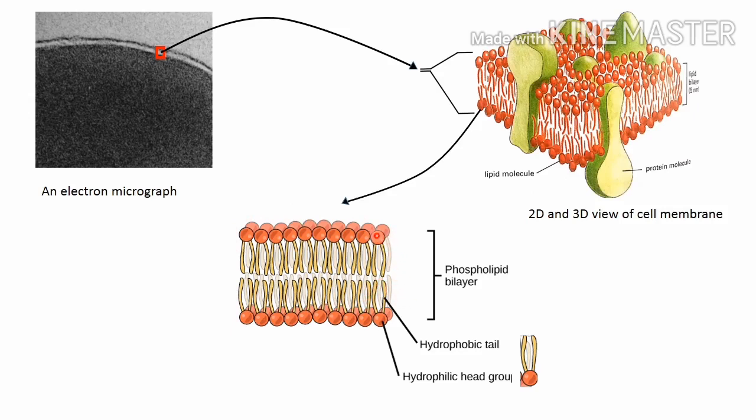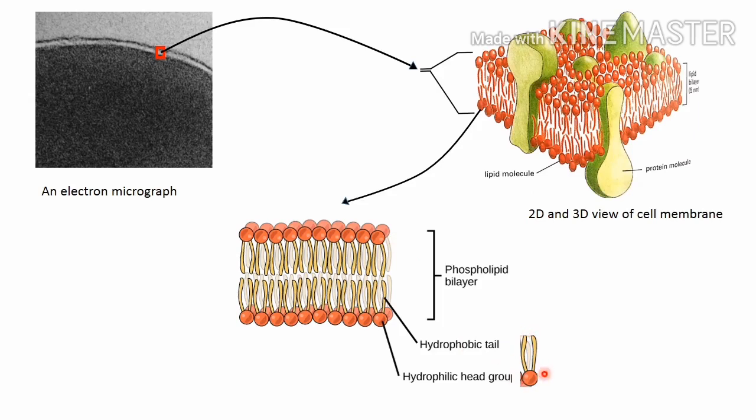Here we can see that these head-like structures are projecting towards the aquatic surface or the polar surface, and these heads are polar in nature. They are attracted towards the water, that's why they are known as hydrophilic heads. And these two tails are fatty acid tails, without any charge, thus known as hydrophobic tails.